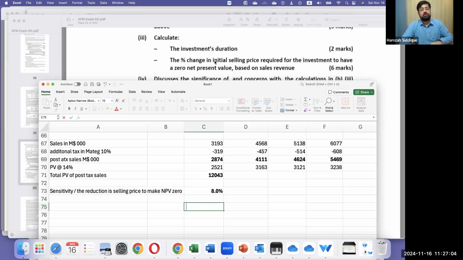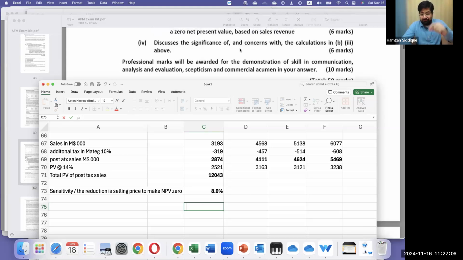Next, so calculation is done. Now, significance of and concerns with both. We will be discussing it now.